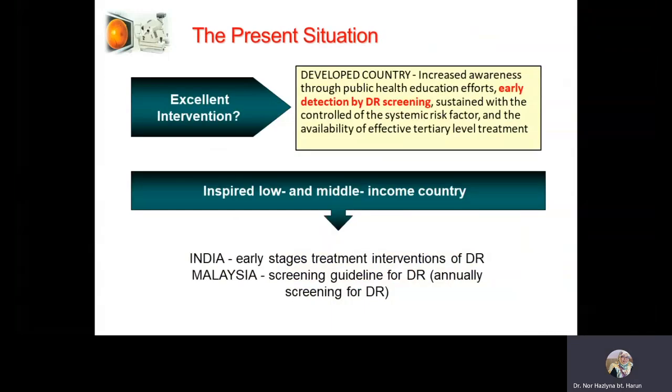What is excellent intervention? For developed countries, excellent intervention refers to increased awareness through public health education efforts, early detection by DR screening, sustained with the control of the systemic risk factors, and the availability of effective tertiary level treatment.